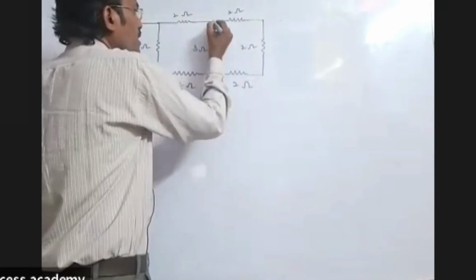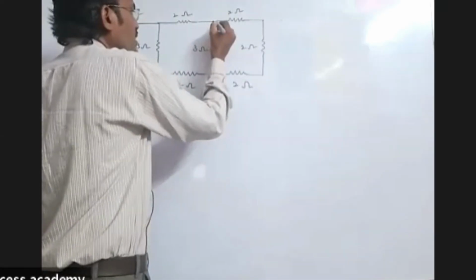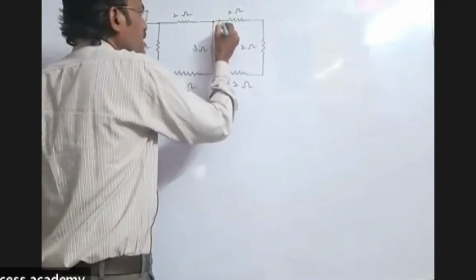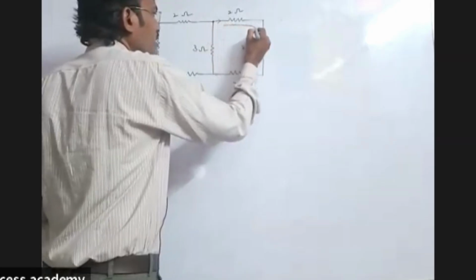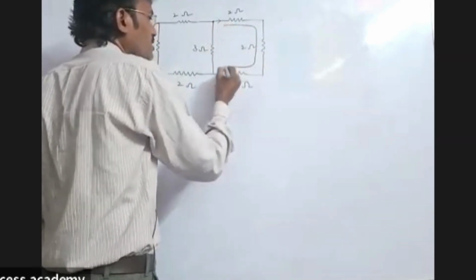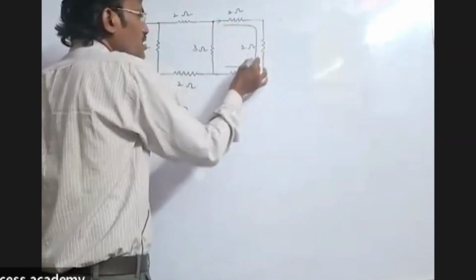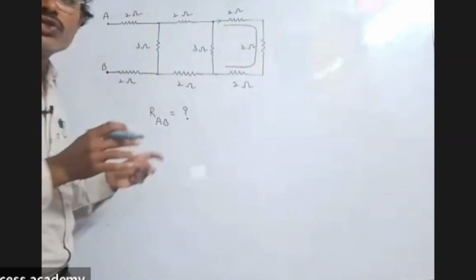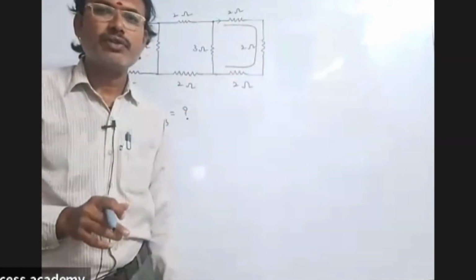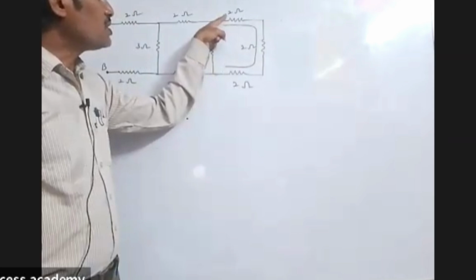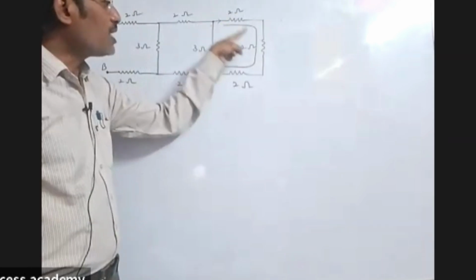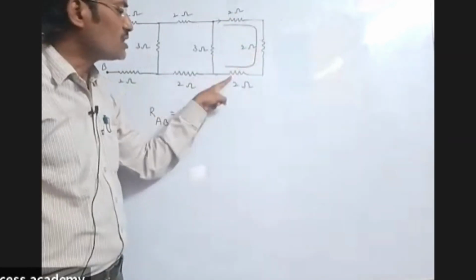Once the current reaches here, the current is passing in this direction, like this and like this. There is no deviation in this path. There is no bifurcation in that path. Whatever current is passing through the 2 ohm resistor, the same current passes through this also and through this also.